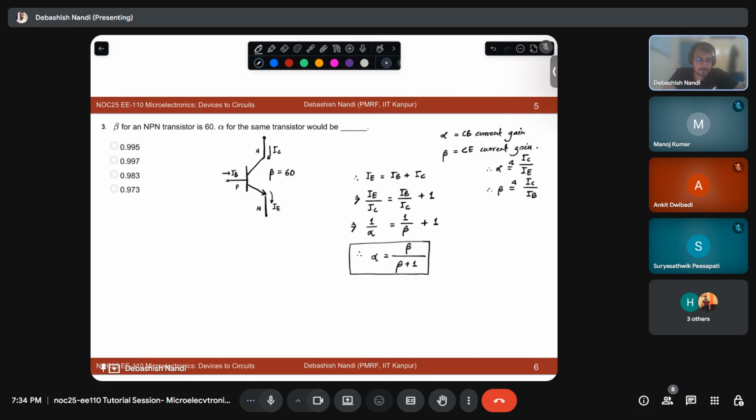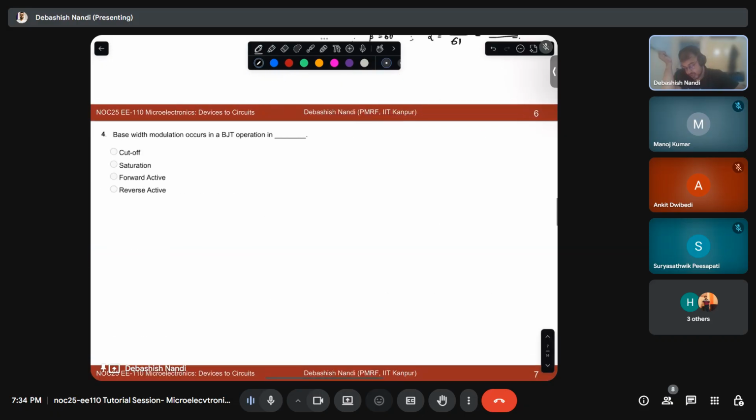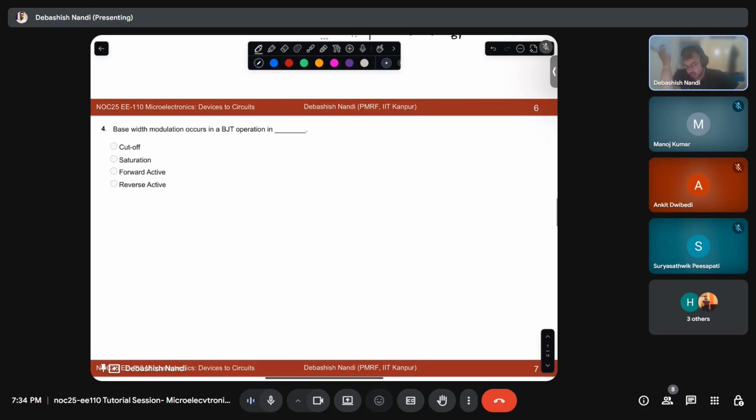So from this definition, if your beta is given as 60, your alpha will be 60 over 61, and that gives you 0.9836. So this is a simple question. Then let's move to the next one.